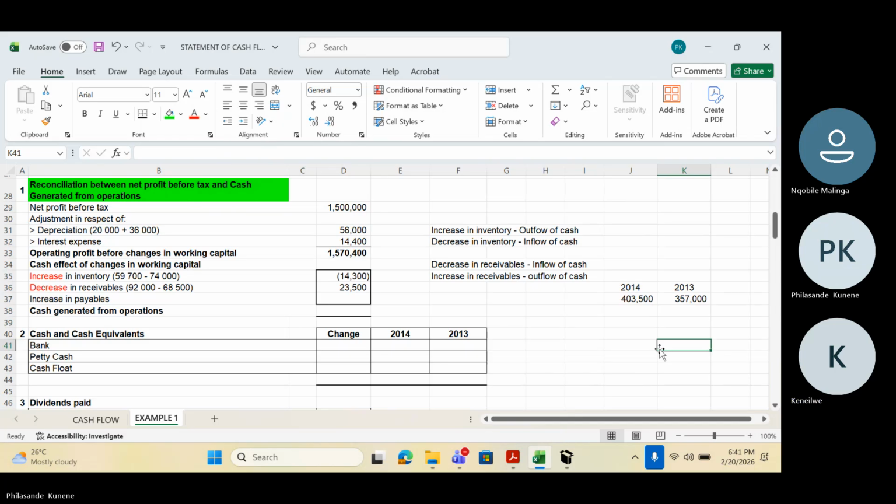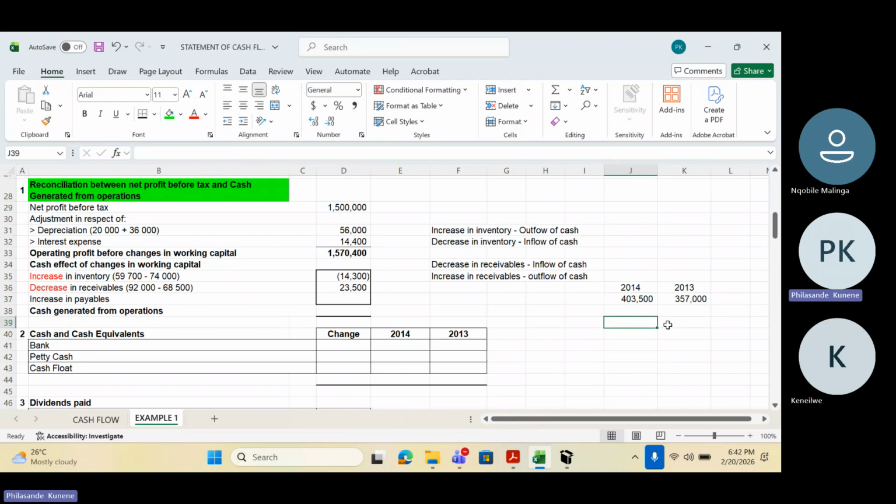Inflow. Why are we saying inflow? Because you're paying less back to the creditors. No, I don't want that explanation, Kinelwe.